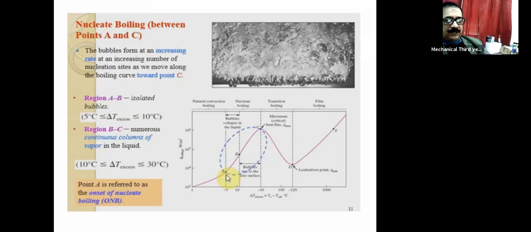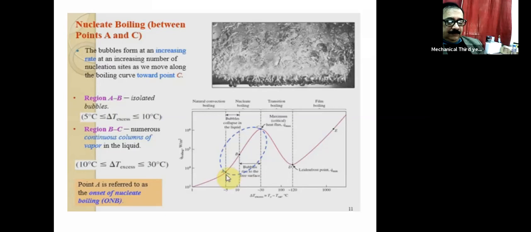Now, when we increase this temperature difference, more bubbles start forming. You can see more continuous columns of bubbles, and continuous columns of vapor in the liquid. So what happens in this portion, 10 to 30?